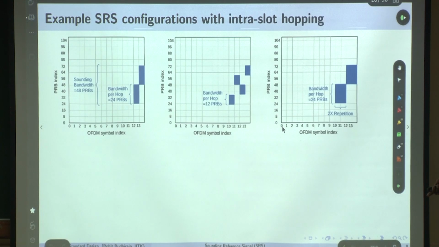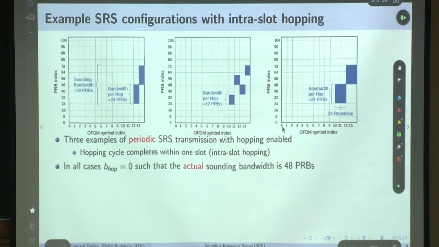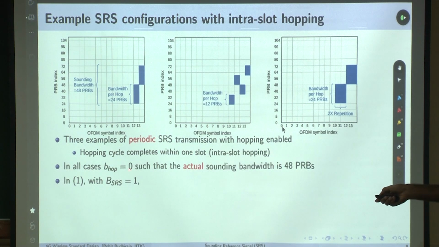Here, look at 3 different configurations. B hop is 0 in all 3 cases, let us keep this in mind. In case 1, B SRS is set to 1 and B hop is 0, and I gave you this condition: if B hop is less than B SRS, hopping will be enabled.